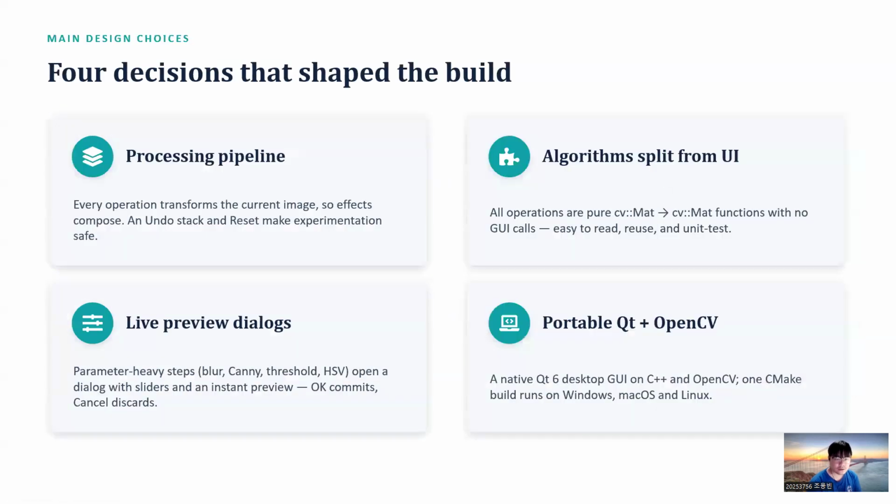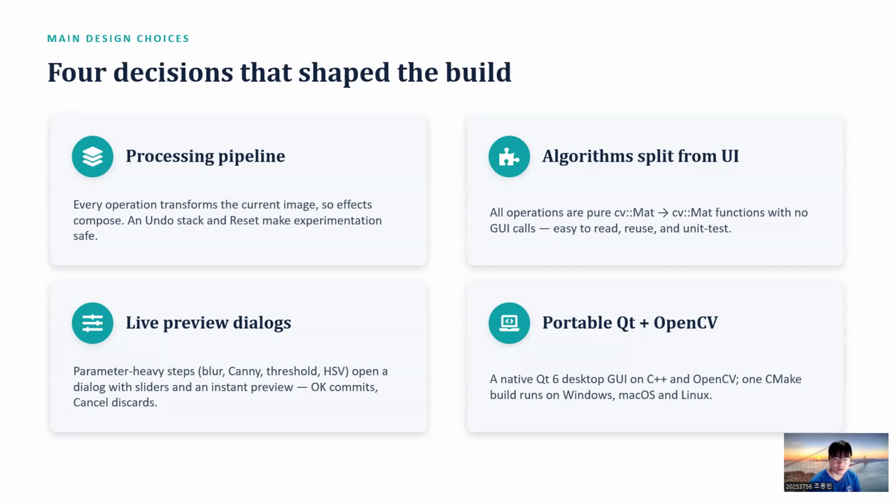I want to highlight four design decisions because they are the heart of the project. First, the processing pipeline. Every operation transforms the current image, so effects compose, and an undo stack plus reset make it safe to experiment. Second, I separated the algorithms from the user interface. Every operation is a pure function and takes an image and returns an image, with no interface code inside it.